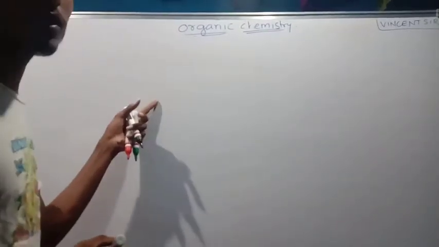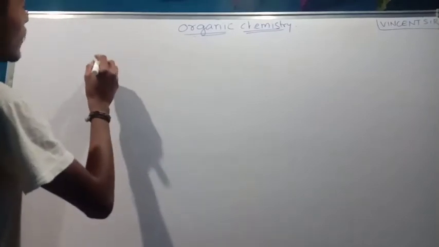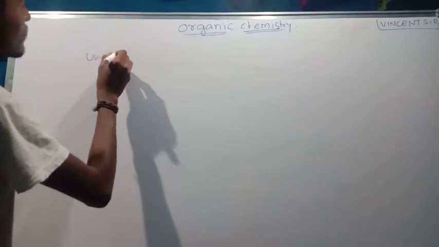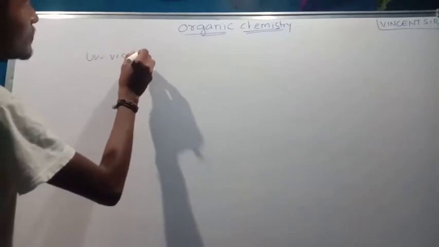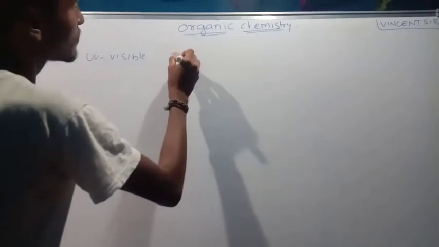Application of extranuclear portion, meaning the electrons, in UV spectroscopy. There are various transitions.